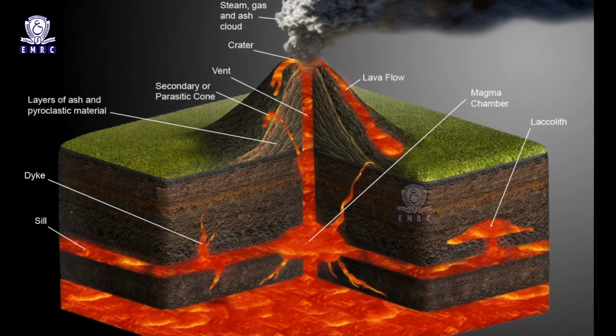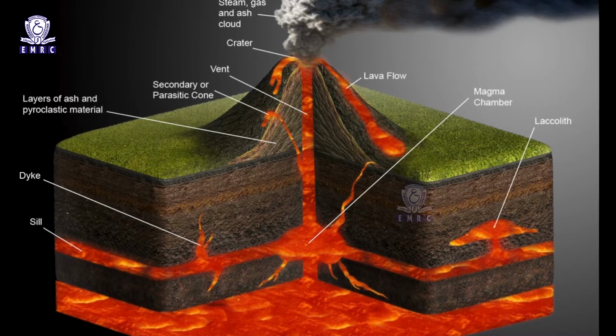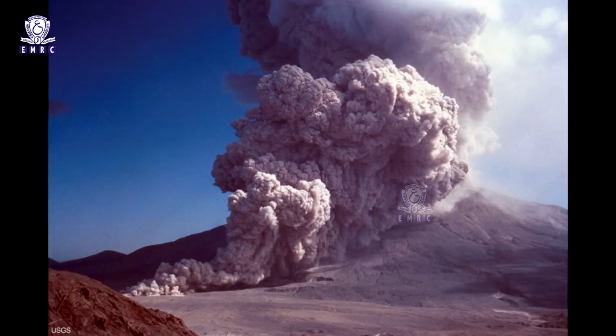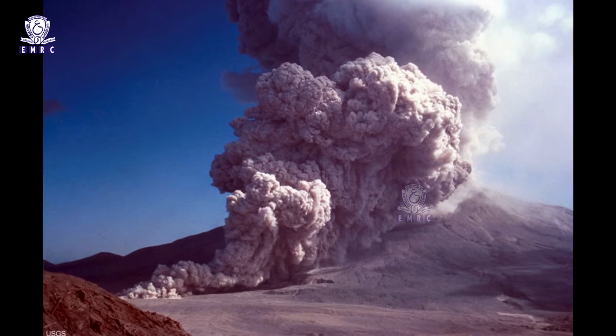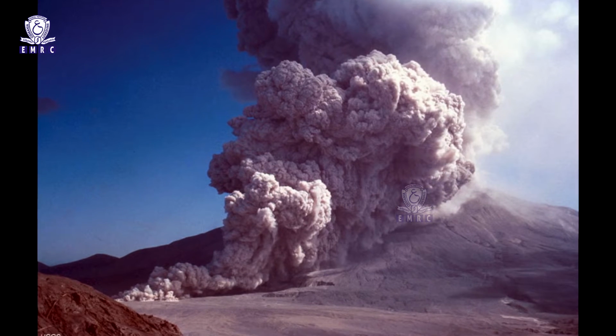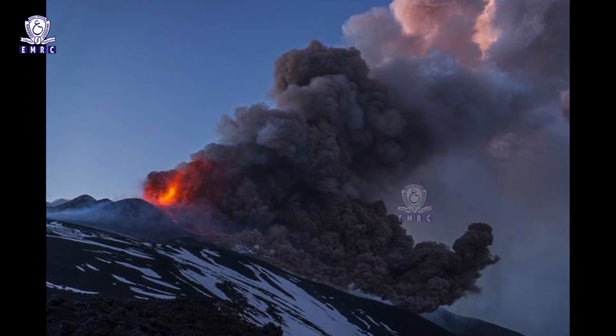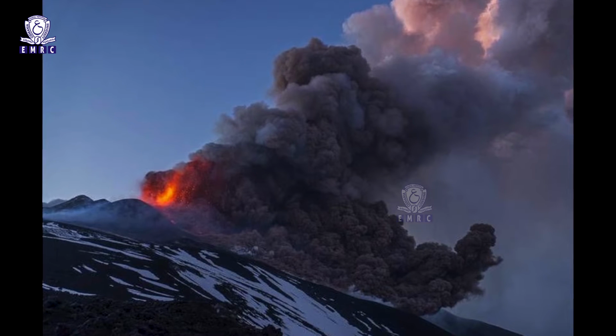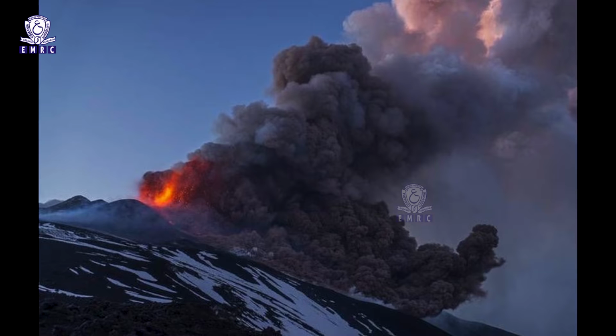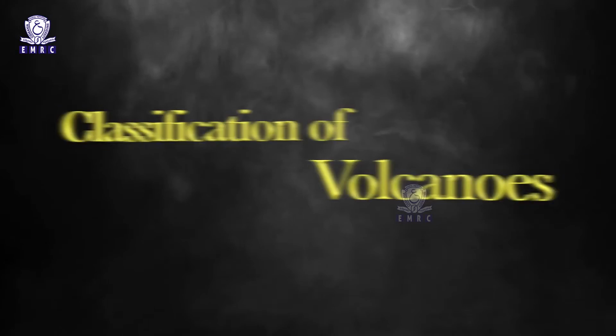Mostly the gaseous materials are dissipated directly into the atmosphere. These gases erupt with very high temperature. Steam and vapor constitute 60 to 90% of the total gases emitted during the volcanic eruption.